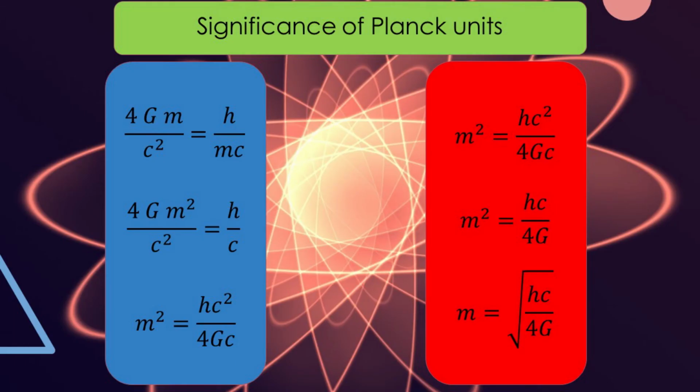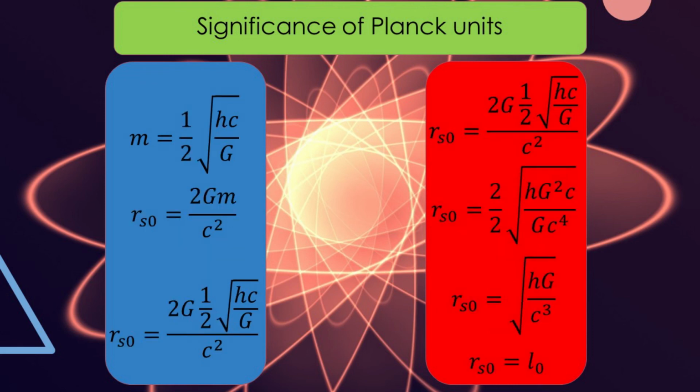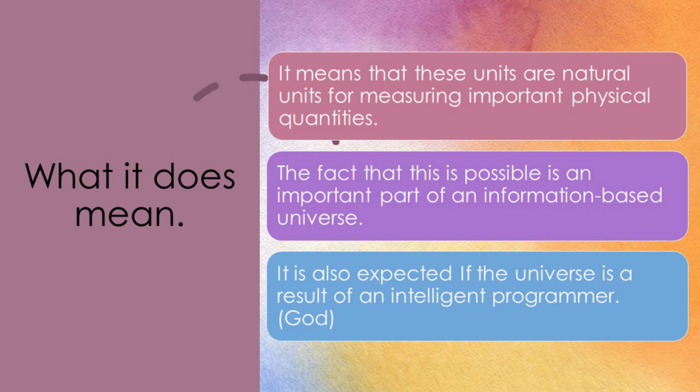Following the math leads us to the mass of this smallest possible black hole. It leads to a mass that is 1/2 Planck mass, and it leads to a Schwarzschild radius equal to Planck length. This means that these are natural units for measuring important physical quantities.